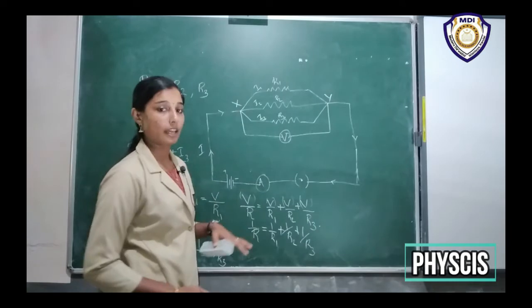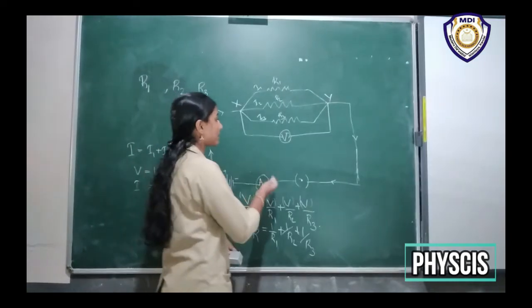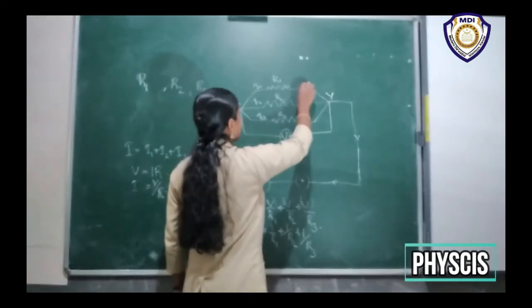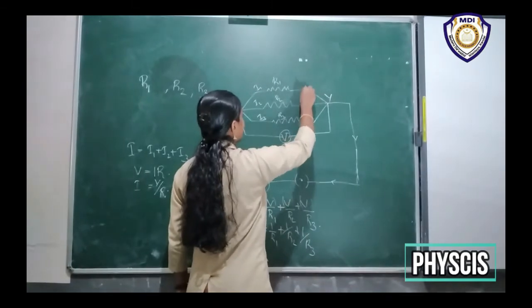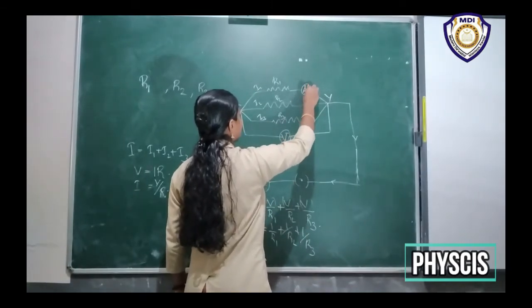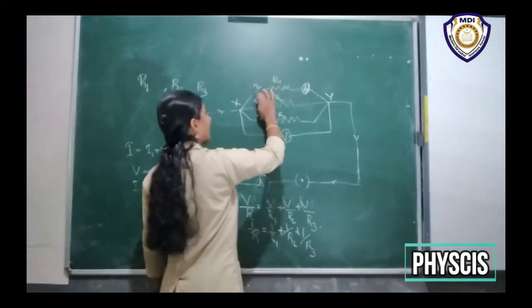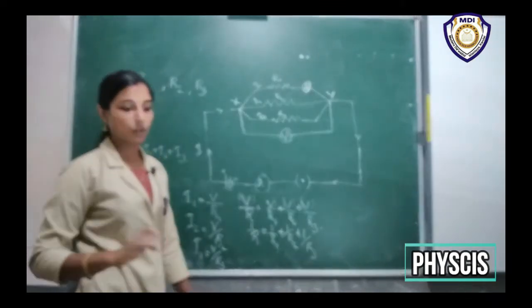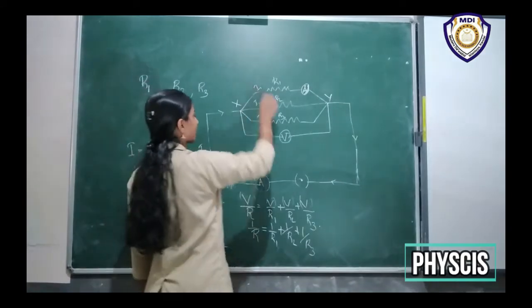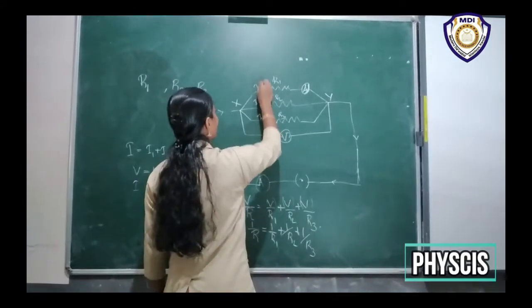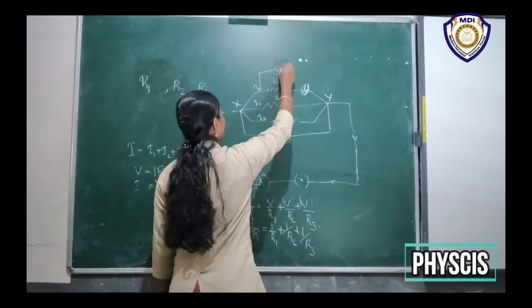That is the resultant current. So now we take the ammeter from here and place it here, in series with the resistor R1. Sorry, I said in parallel, but it is in series. And also we can connect the voltmeter from here to here.